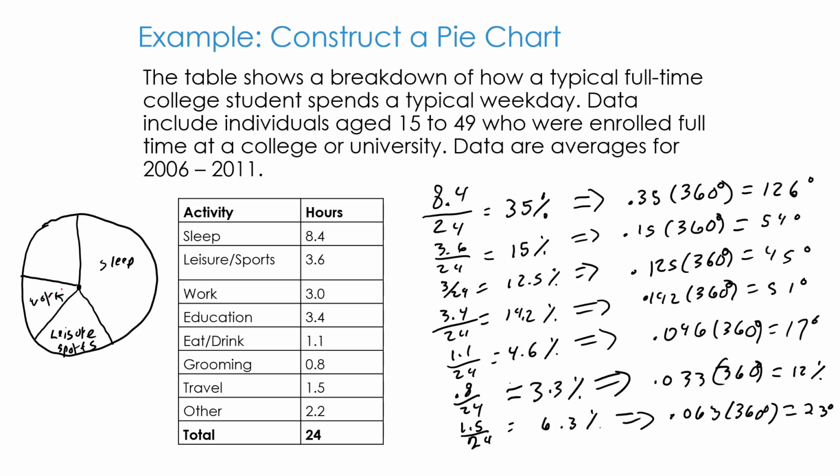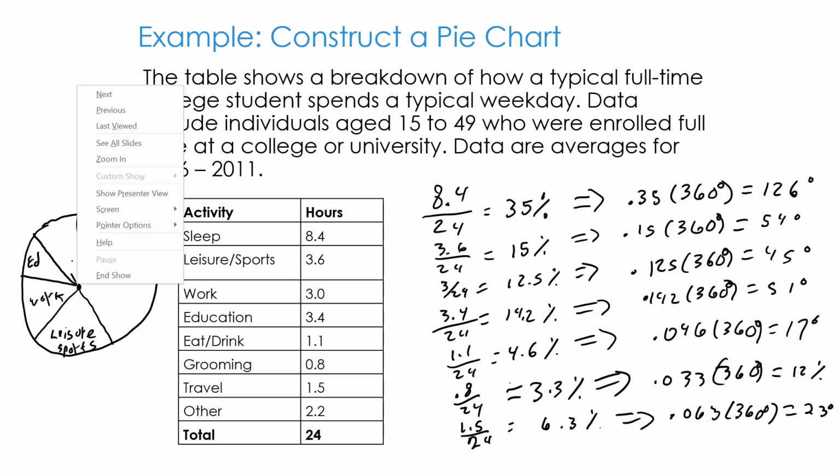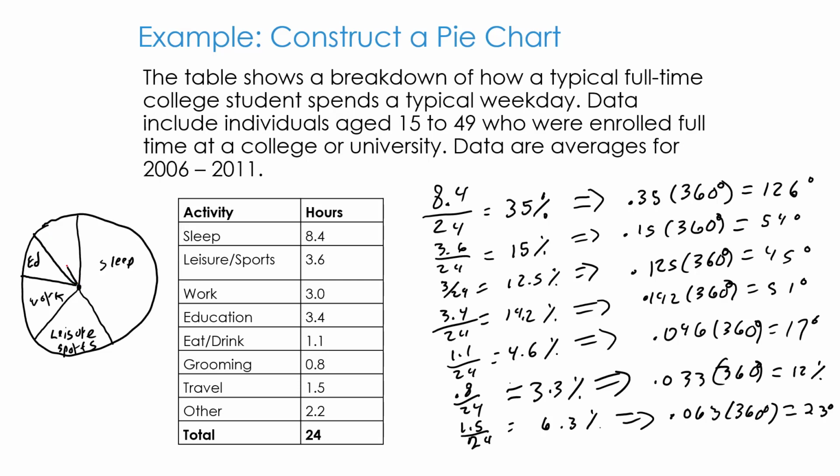And then education was 51 degrees, a little bit more than that. And then eat, drink was 17 degrees. And then grooming was 12 degrees.